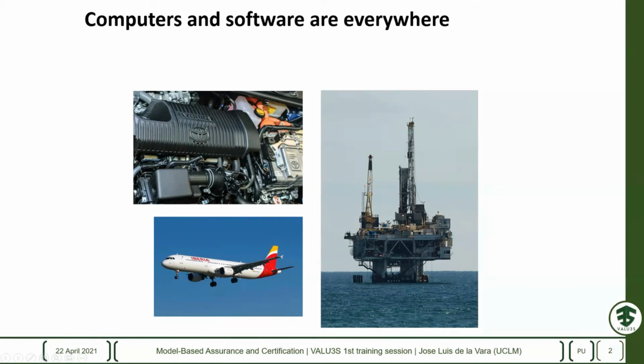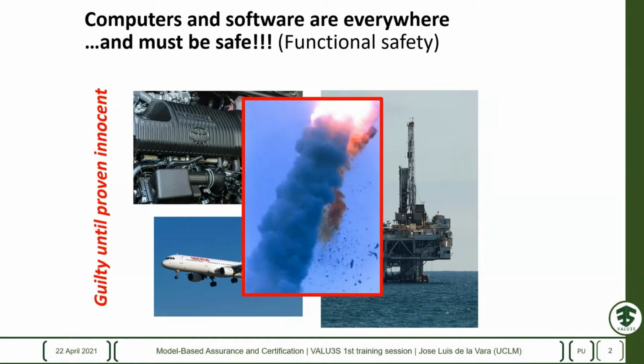This is an old slide, and it does not cover everything that I want to present, but so that everyone has a common basis on what we are dealing with, even though I assume that most of you know the context of this method. As you know, we have nowadays computers and software everywhere: car engines, airplanes, oil platforms, and there is a need to ensure that these systems are safe.